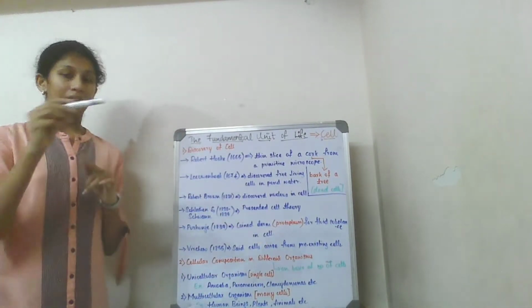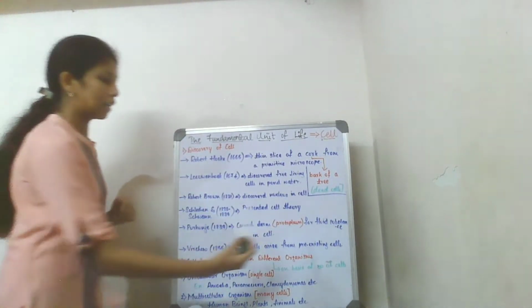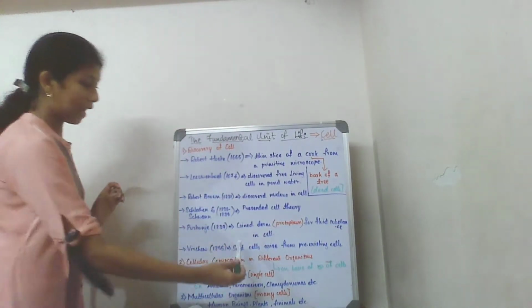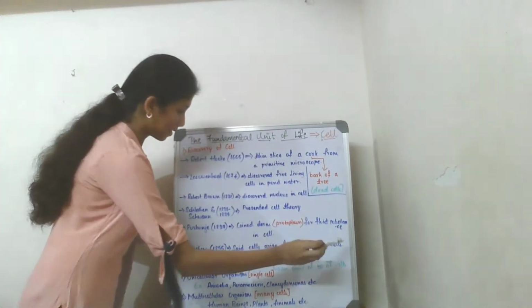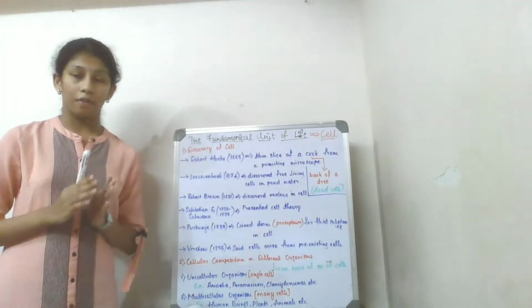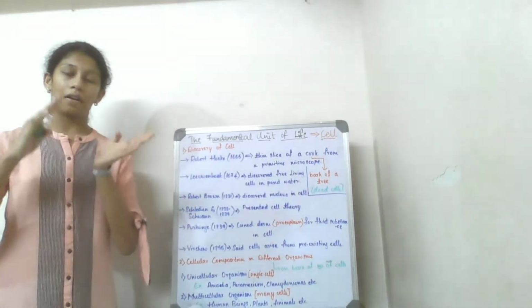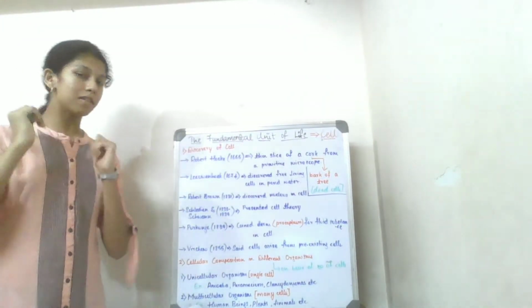And Virchow in 1855 said that all cells arise from pre-existing cells only.